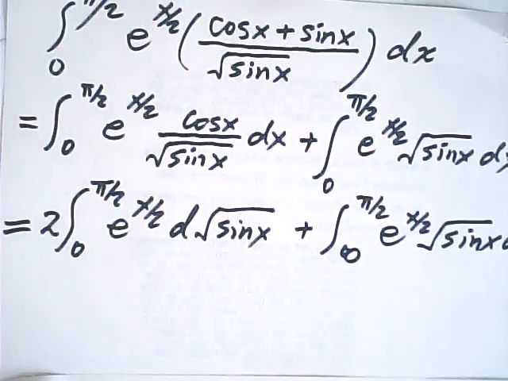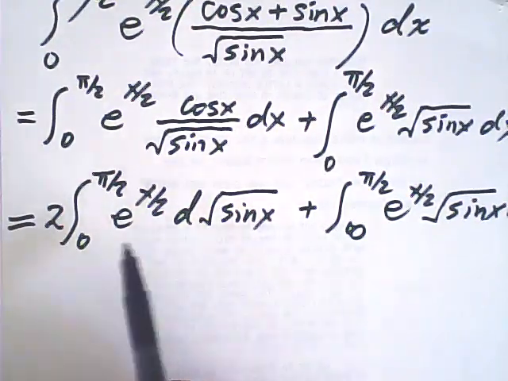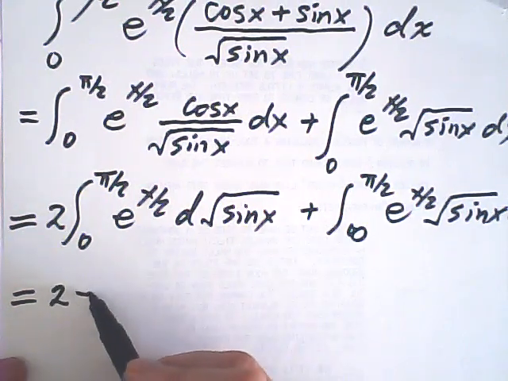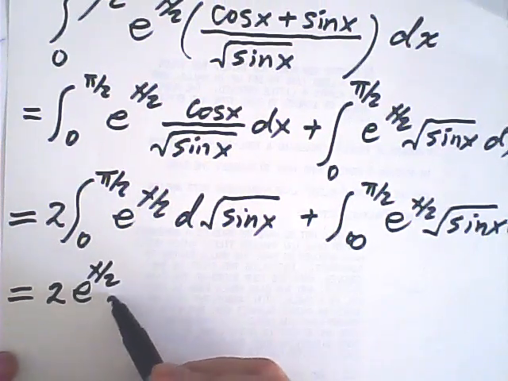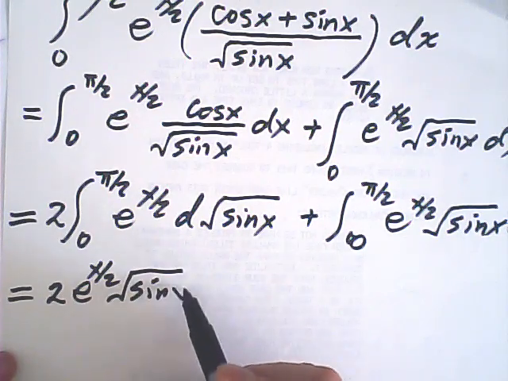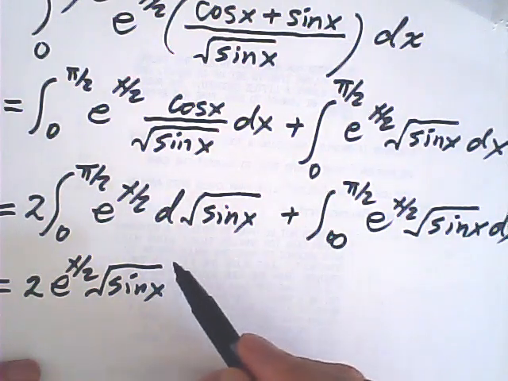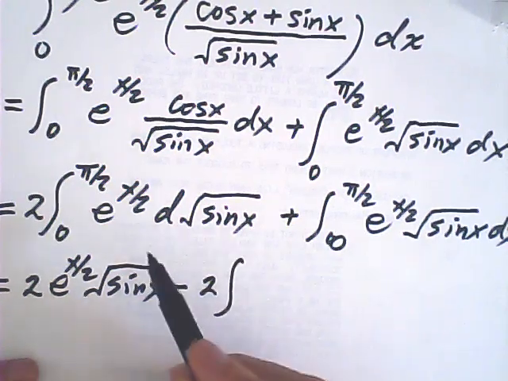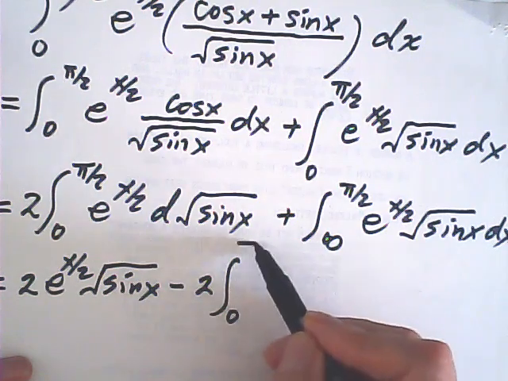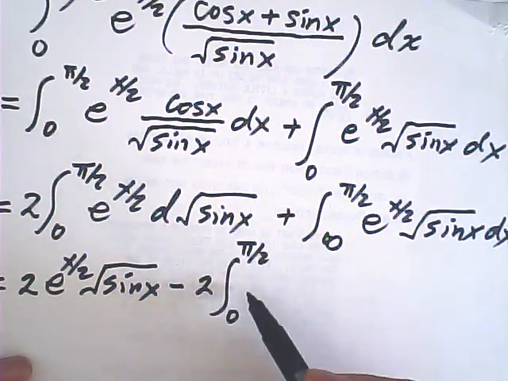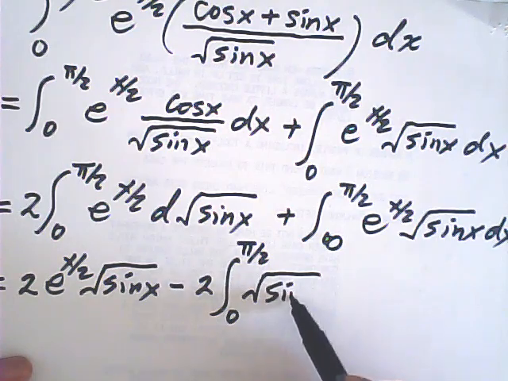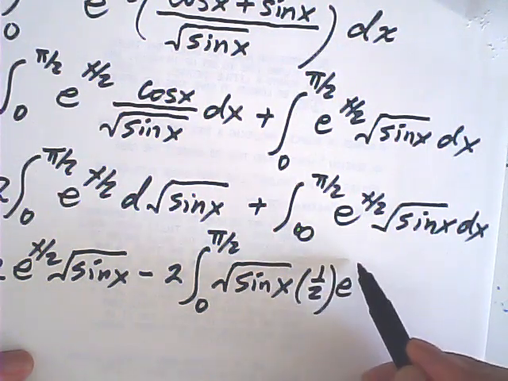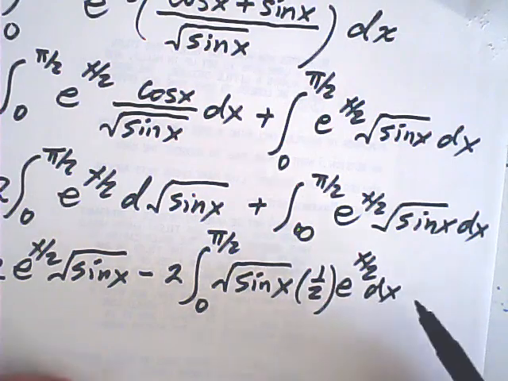Now this I can use by parts. Once I write something like u dv, I can use by parts. So this is 2 e to the half x square root sine x. Right, that's uv minus v du. v is this. du is 1/2 e to the half x dx, right?